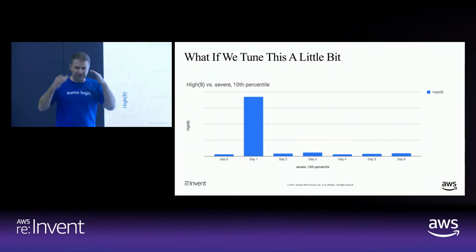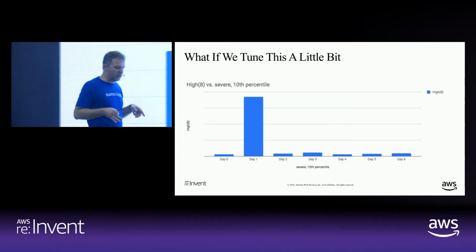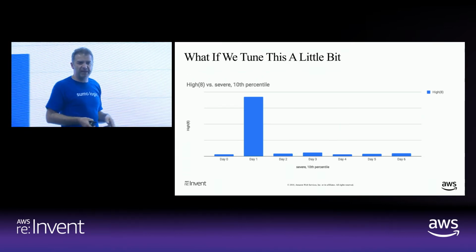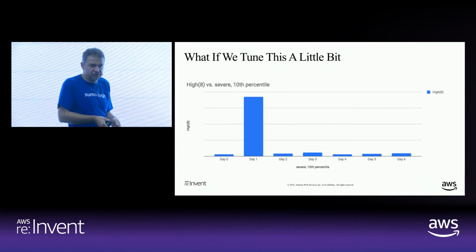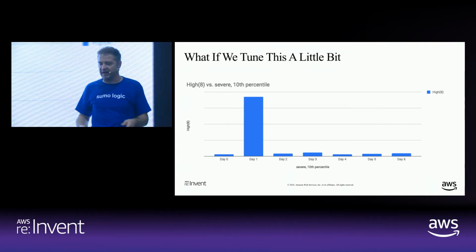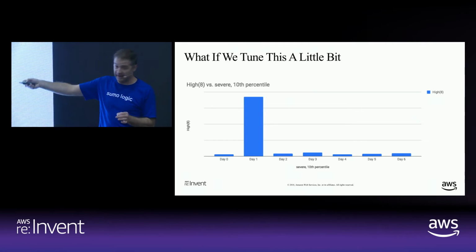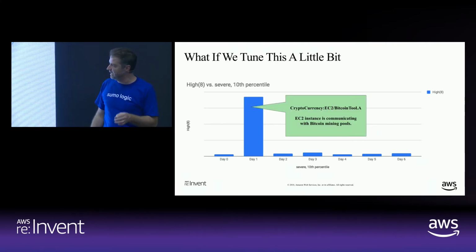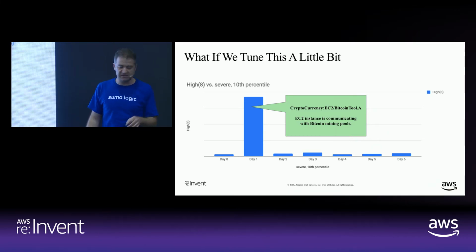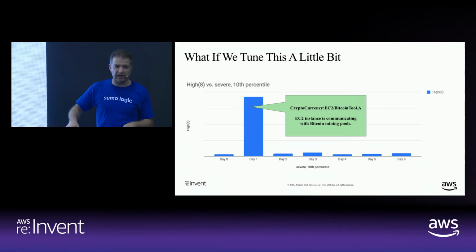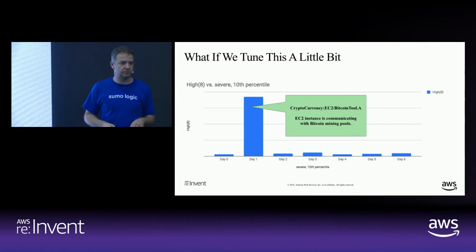What we've done now is we've zoomed in on maybe a handful of customers in this large pool of thousands of accounts that have these conditions satisfied. And when you look deeper, that is a cryptocurrency Bitcoin mining tool running on those instances, and it is successfully communicating with Bitcoin mining pools.